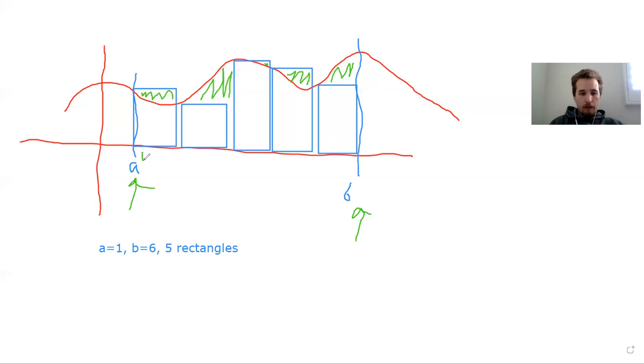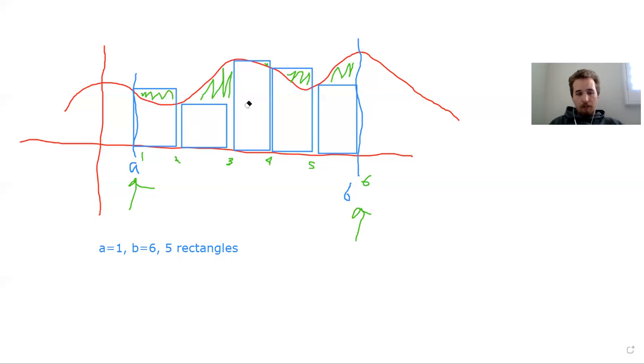We're going from 1 to 6 as an example. Great. The width of each rectangle is going to be 1. 1, 1, 1, 1, right? Because this will be 2, 3, 4, 5, right? So now all we need is the height of each rectangle.